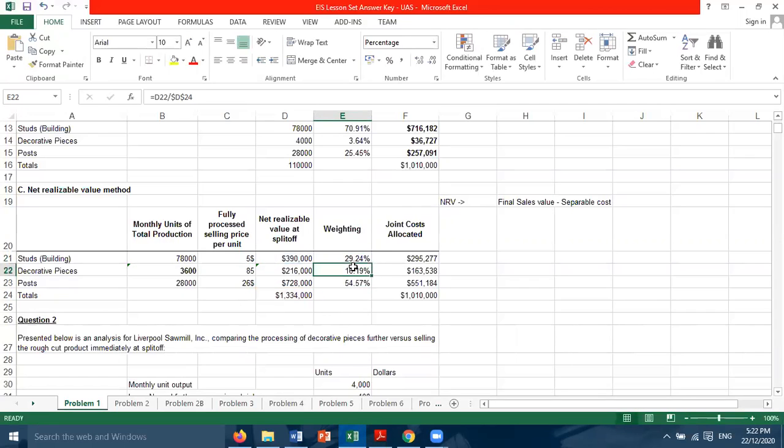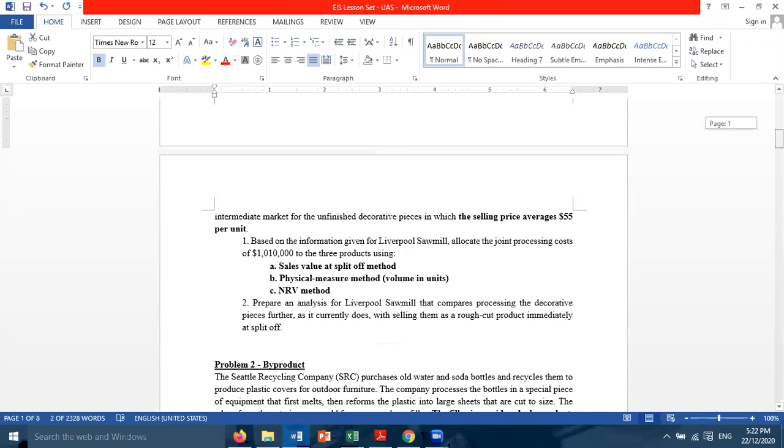We just repeat the process until we get all the weighting. Then once we have the weighting, all we need to do is multiply the weighting by the total joint cost, which is 1,010,000. And we'll get the answers here, joint cost allocated to each product. Okay, that's for the first question.